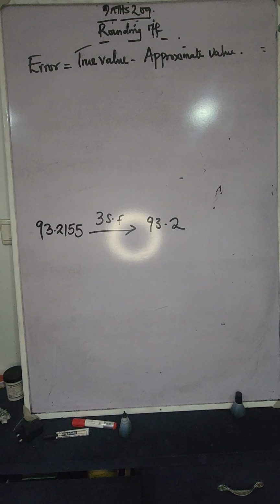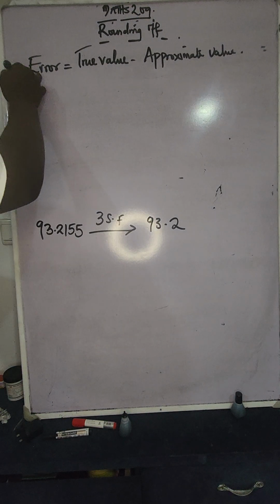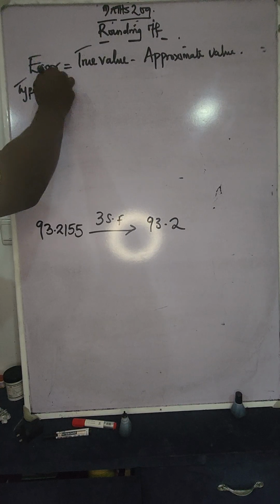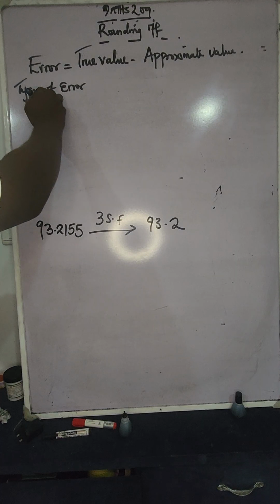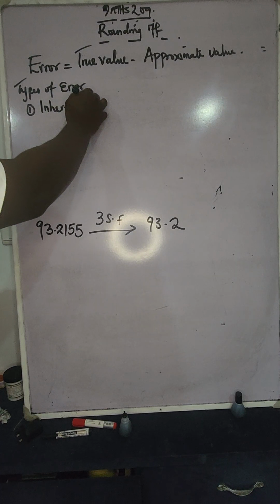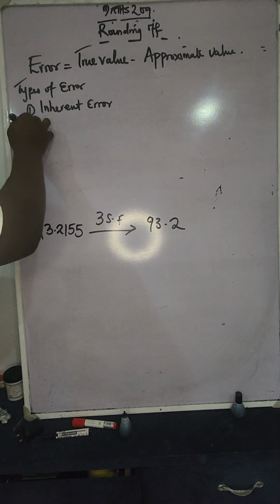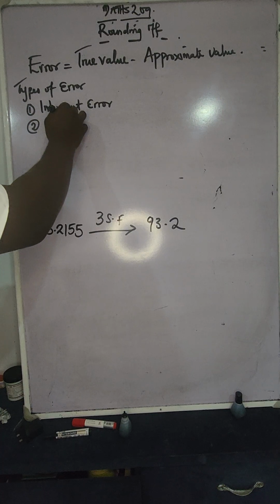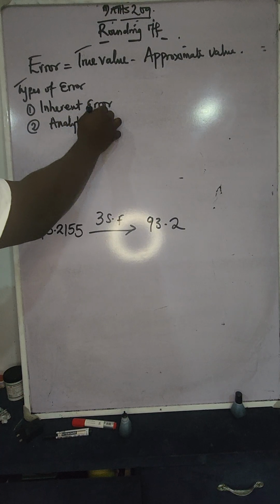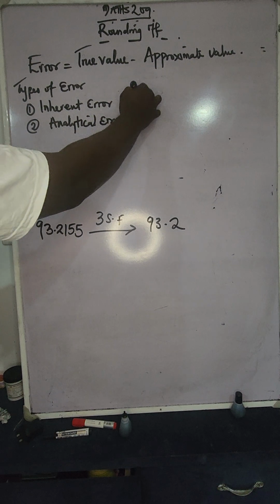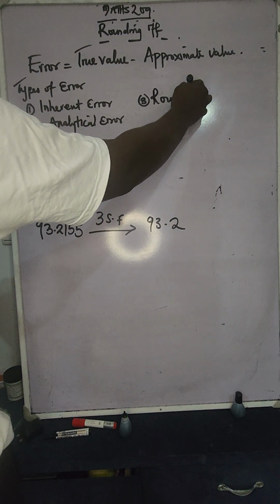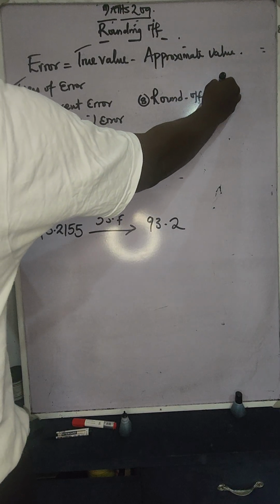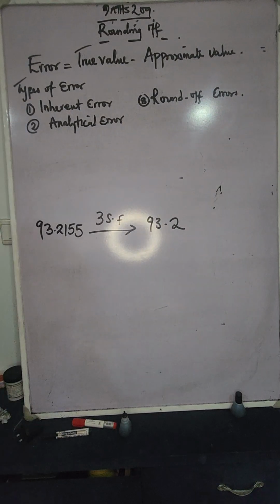And we have types of error. Number one, we have an inherent error. Number two, we have analytical error. Number three, we have what we call the round off errors, right? So and so forth.